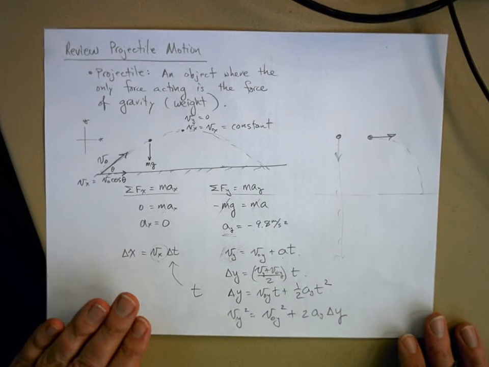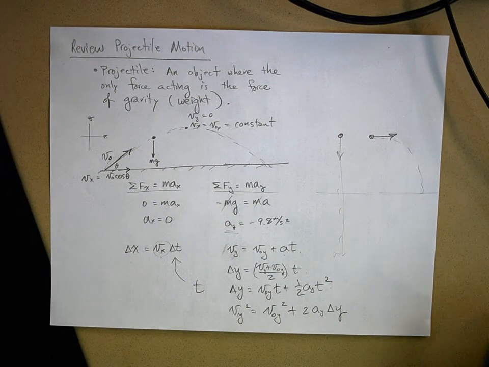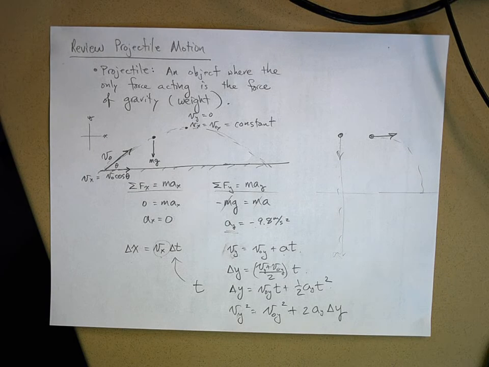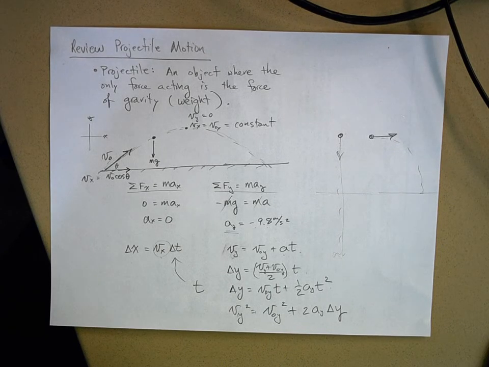So this is just a very quick review. Make sure that when you're looking at projectile motion problems, you pay close attention to what the initial velocity is in the y direction and in the x direction. The velocity in the x direction stays constant. Why? Because there is no force in the x direction.